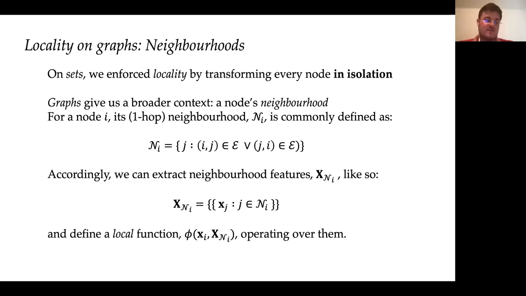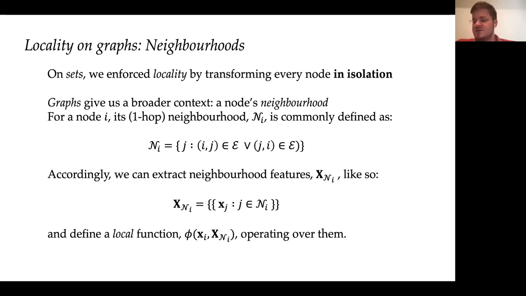But okay, invariance and equivariance carry over straightforwardly. One thing which carries over in a slightly more generic fashion is locality. So as mentioned before, on sets, we started off by assuming no structure, no relationships between the different nodes. On graphs, we actually have a slightly broader context, which is a node's neighborhood. And that means we don't have to transform every node just in isolation. So for a node i, we can derive, for example, its one-hop neighborhood, often denoted by N_i, as the set of all nodes j which are connected to i with an edge.